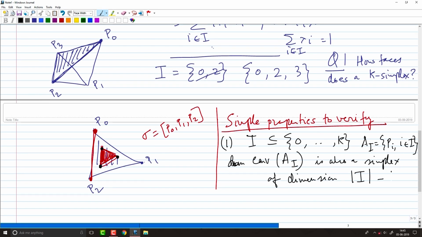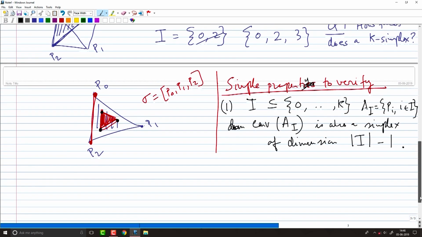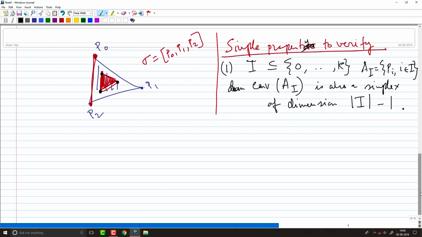Size of I minus 1. This simple property is good enough for the time being. If you have a question, ask me. I want to go slow and not hurry, because these things will be used in the second half of today's talk and also tomorrow's talk.